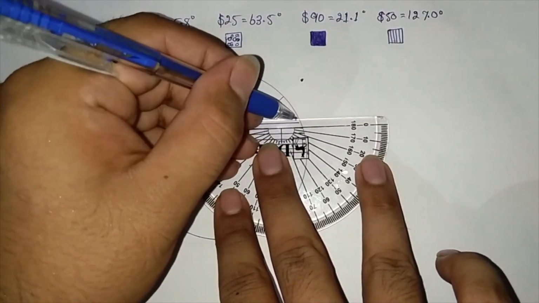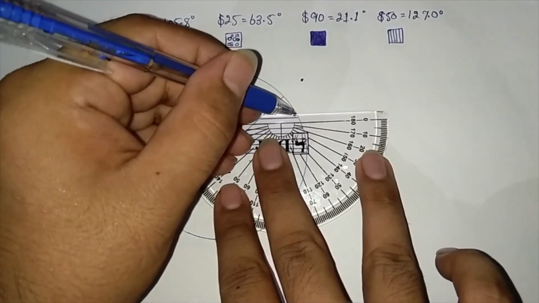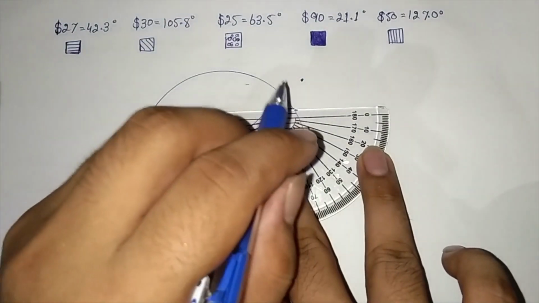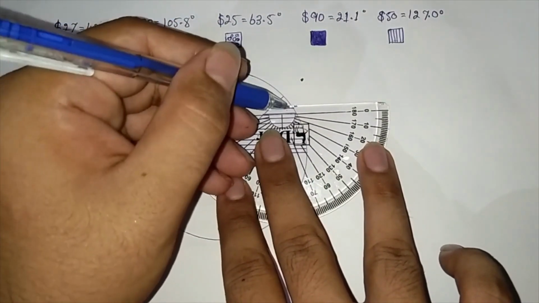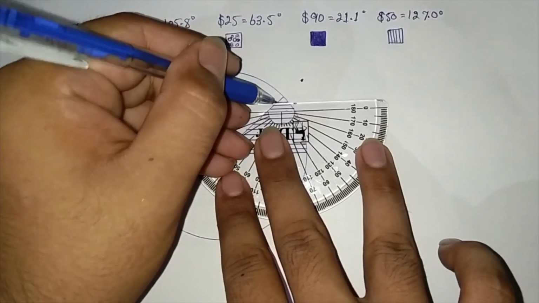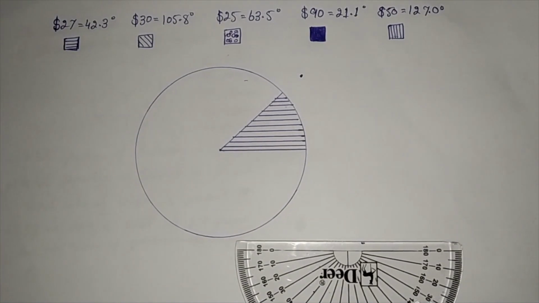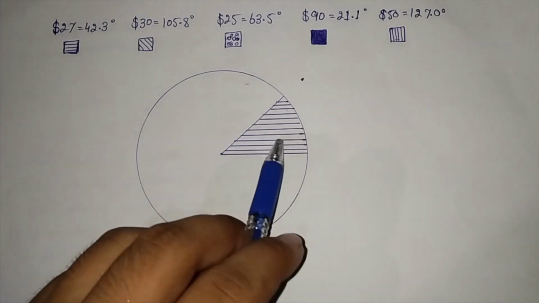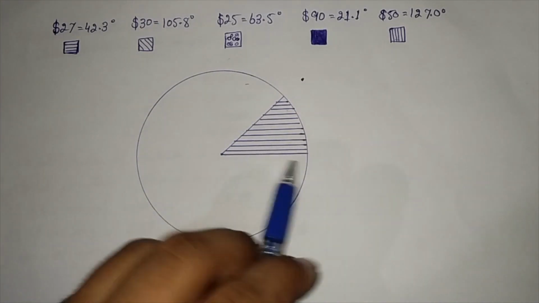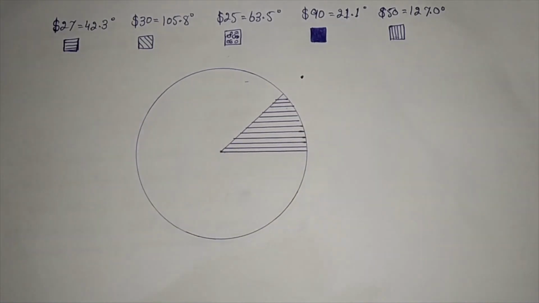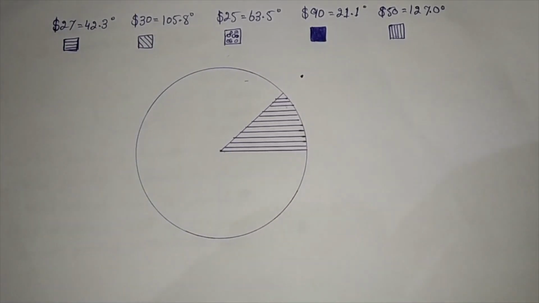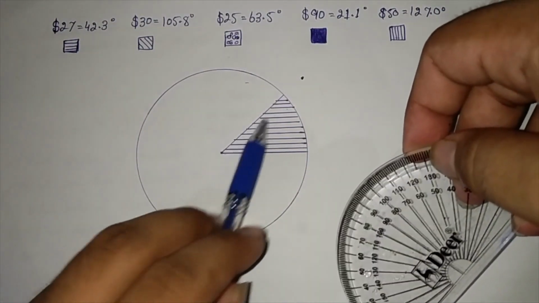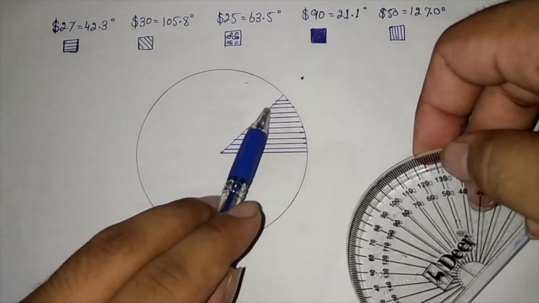Now after drawing it, we will draw our next angle, which is of 105.8 degrees, or we can say 106 degrees. Now to draw the next angle, we will take the next baseline, which is this one.